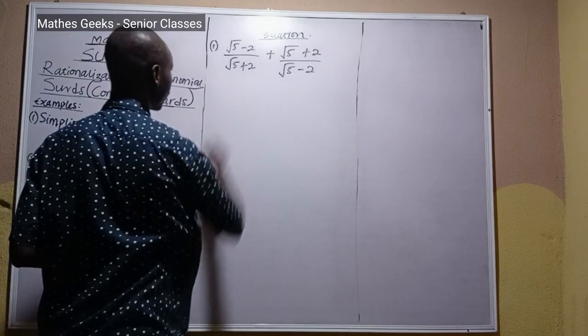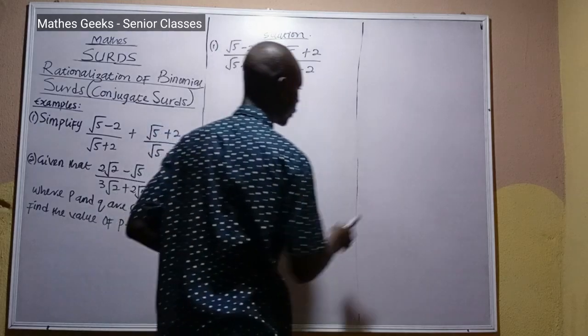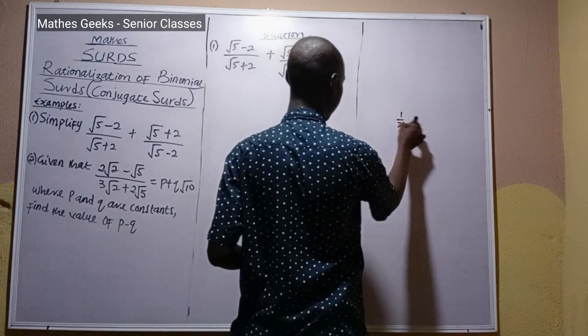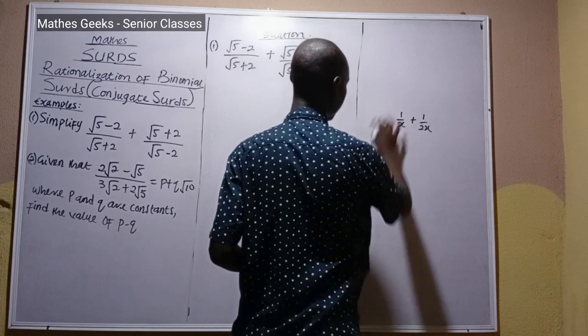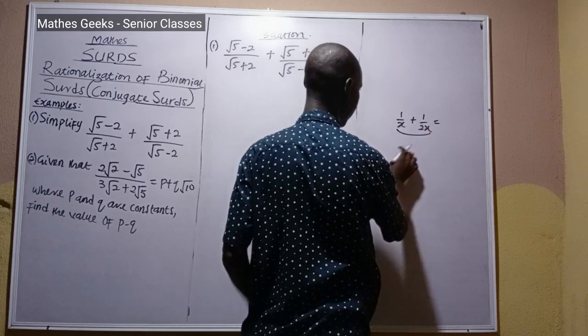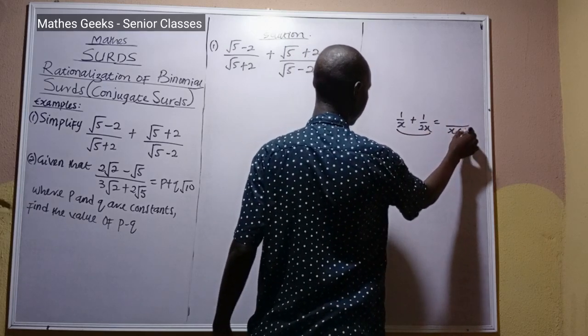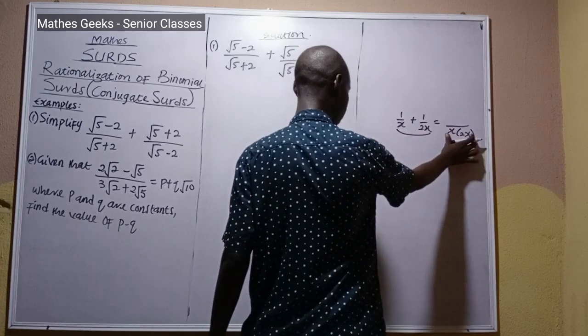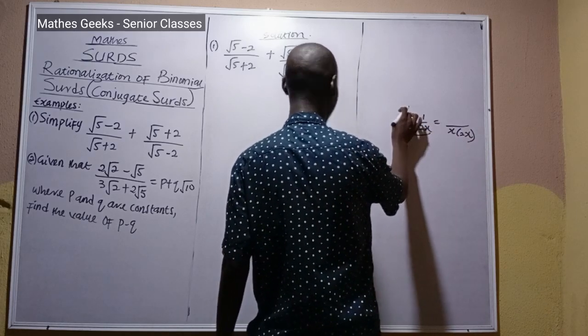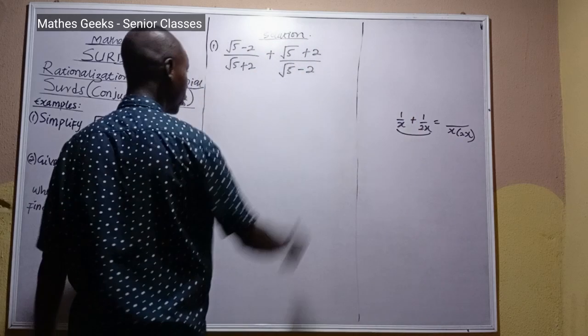In this case, we are going to apply the principle of fractions. If you have 1 over x plus 1 over 2x, of course, that is a fraction. So what you do is look for the LCM of the denominators, x and 2x, and then use the LCM to divide each denominator and multiply with the numerator. Then you solve.